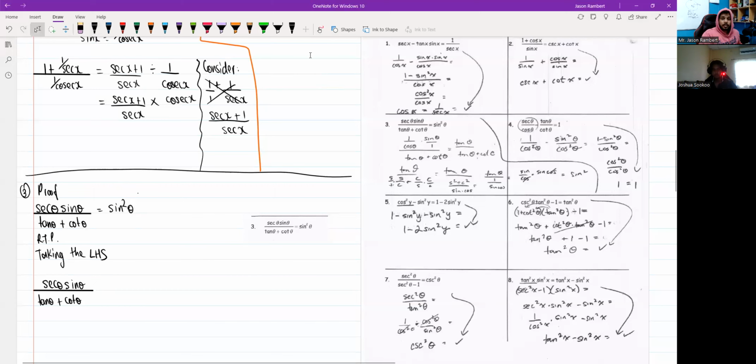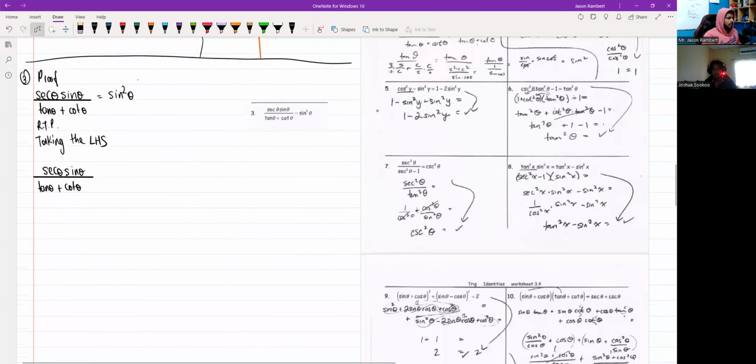good. I'm gonna make my recollections. I see sec theta. I don't know if I'm going to use it, but I'm going to recall it because I've seen it. Sec theta is equal to 1 over cosine theta. Tan theta, I'm going to write down the identity for it.